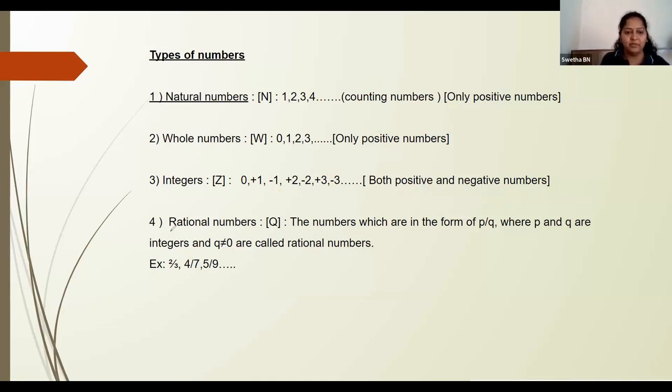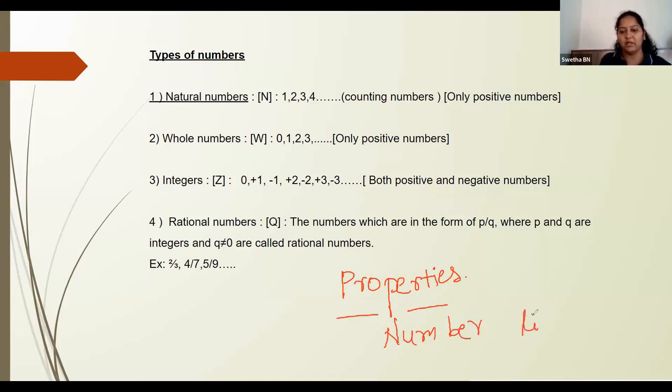So in this chapter, you are going to learn about rational numbers and their definition, what rational numbers are, the properties of rational numbers, and how to represent rational numbers on the number line.